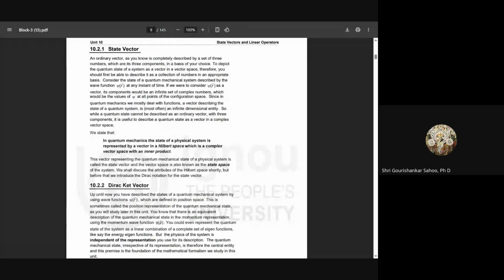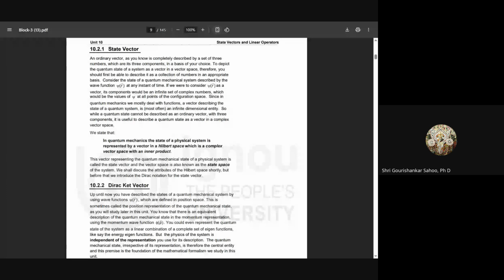So, if you consider psi, which is a function of position vector r, as a vector, its components would be an infinite set of complex numbers, which would be the values of psi at all points of the configuration space.